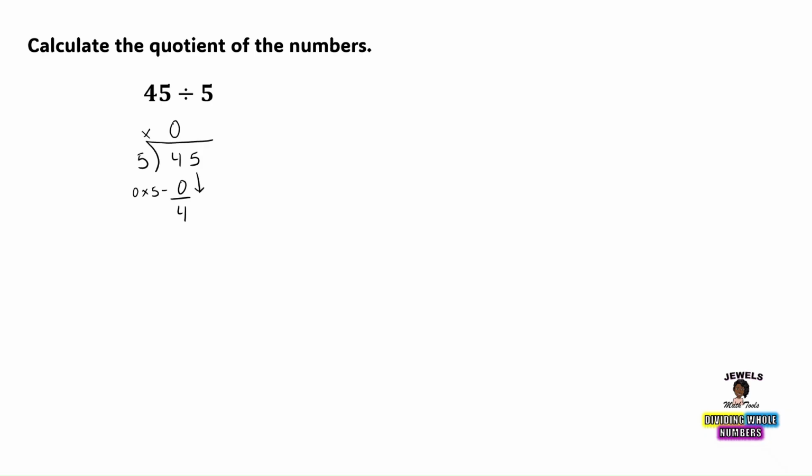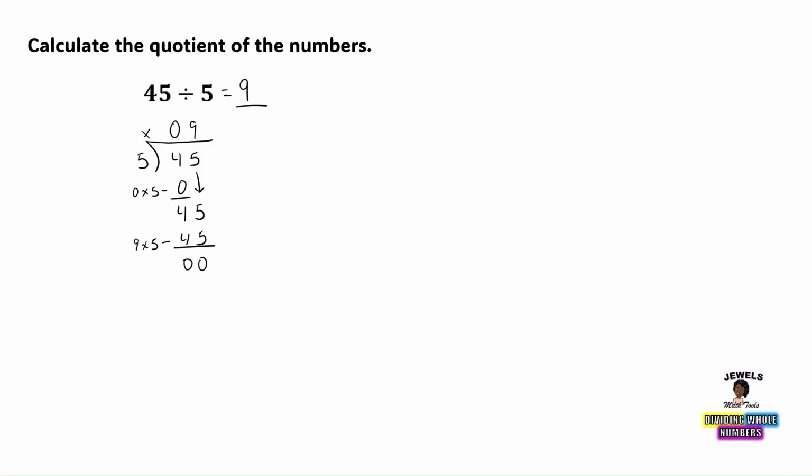I'm going to bring down my 5, changing 4 into 45. 5 will divide into 45 9 times. We have 9 times 5 gives us the product of 45. And 45 minus 45 is equal to 0. So when 45 is divided by 5, we get the quotient of 9.